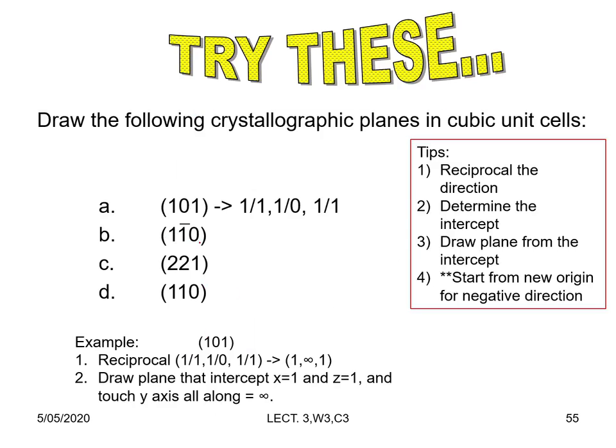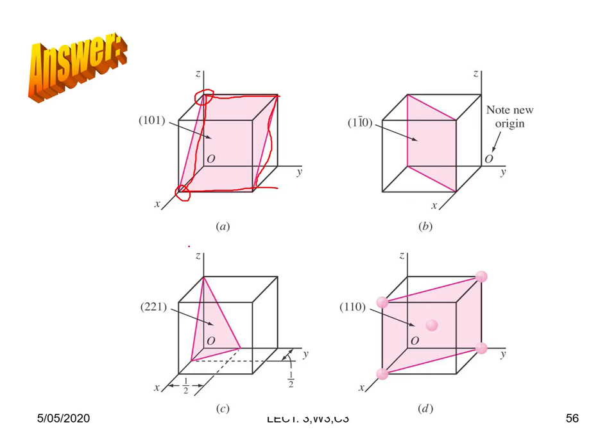1, -1, 0. Remember, when you have a negative, you have to make a new origin. In this case x is positive, so you just maintain the origin here, but y is negative, so you have to put the new origin to the right side here, instead of here. Why do you have to do that?